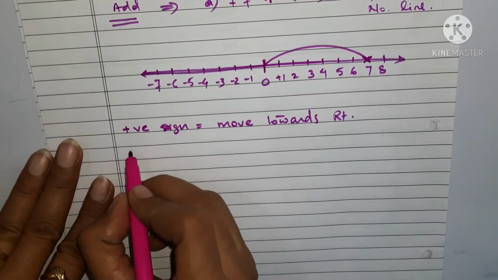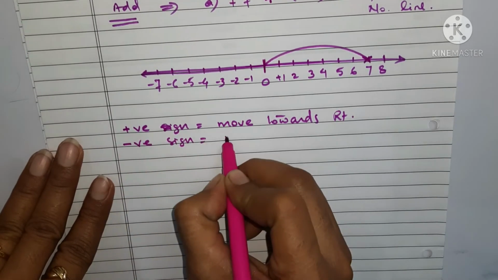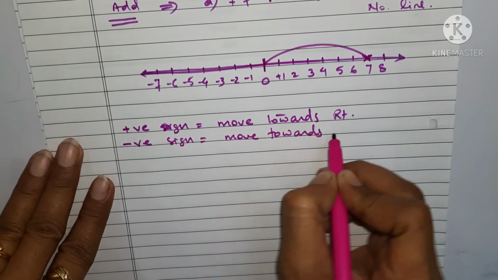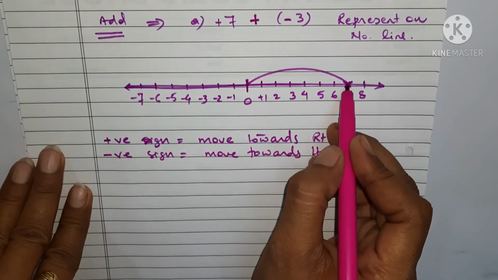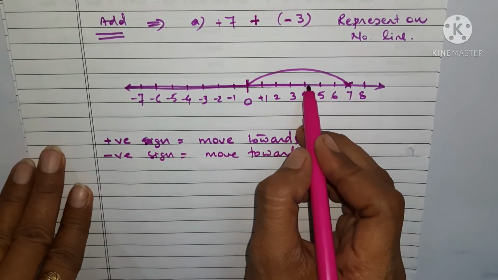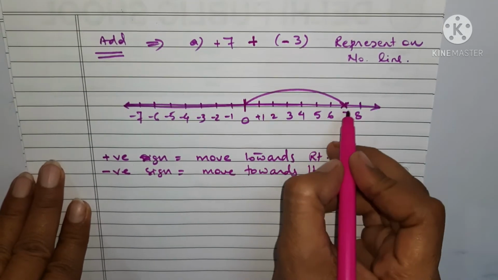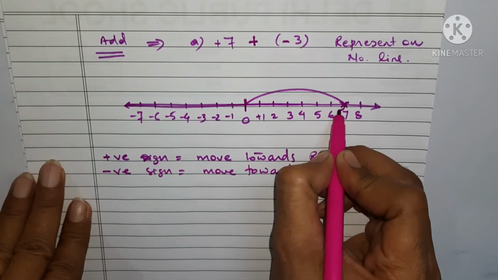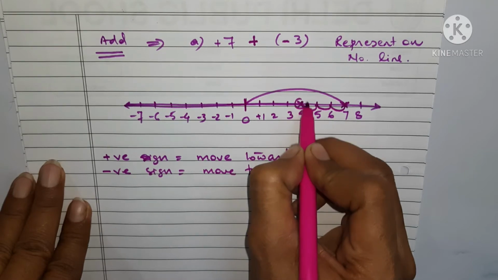As I have told you earlier, when a negative sign is there, you have to move towards the left, so your direction should be from right to left. And how many points? 3. So move 3 points left: 1, 2, and 3. So you are reaching here.